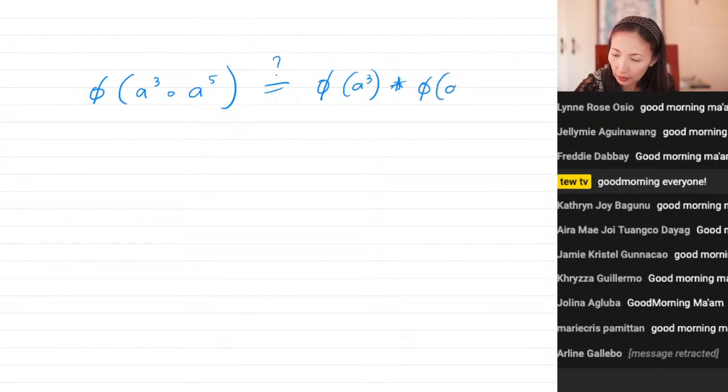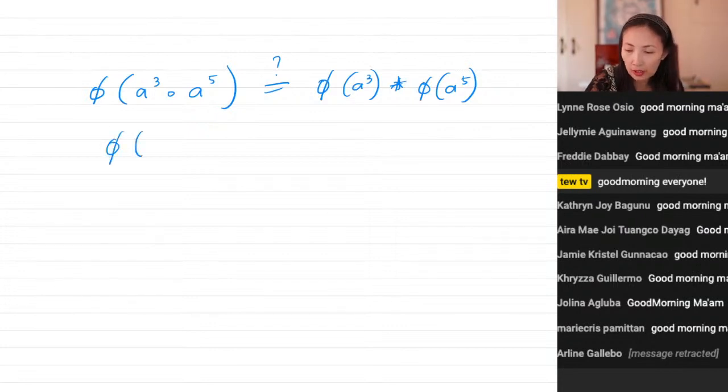Let's check. Okay, so the operation in G is multiplication. So this is the same as phi of A to the 8. Okay, is this equal to this?